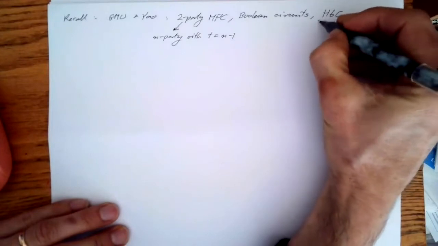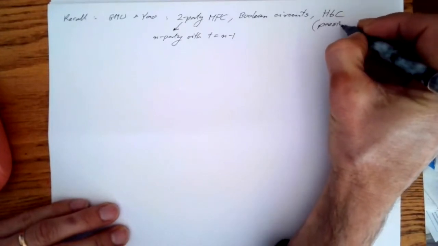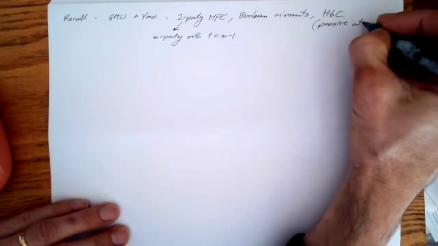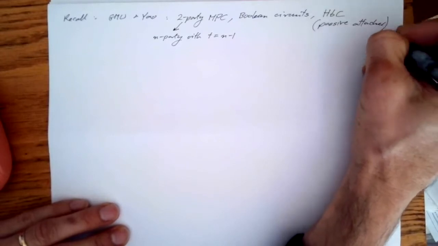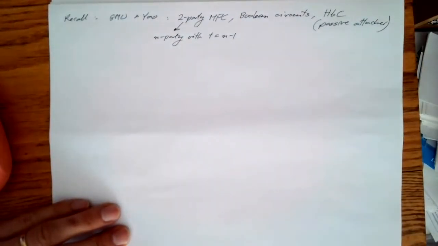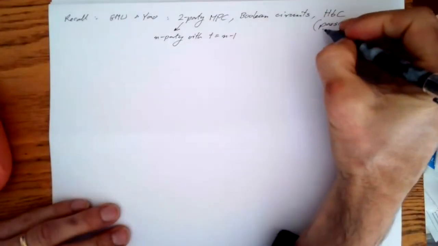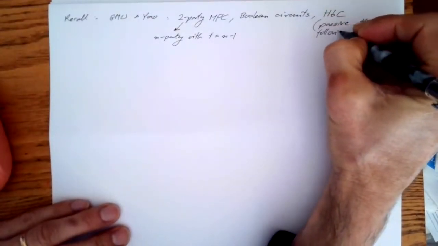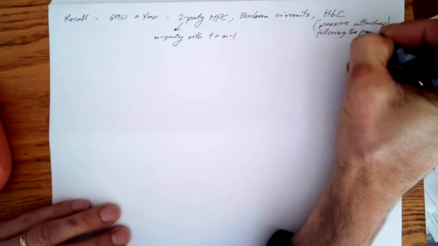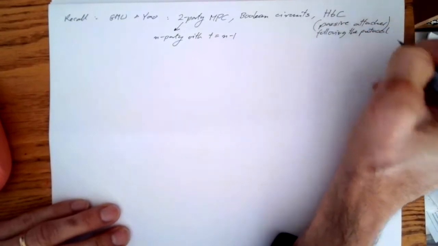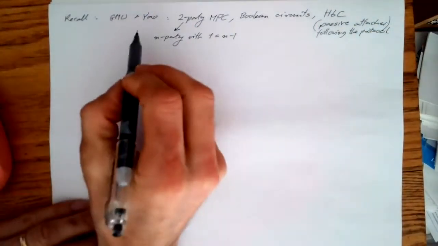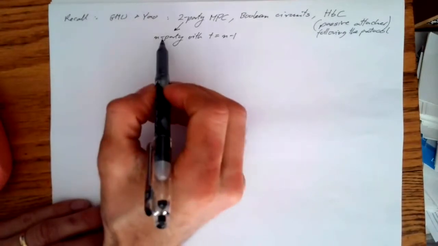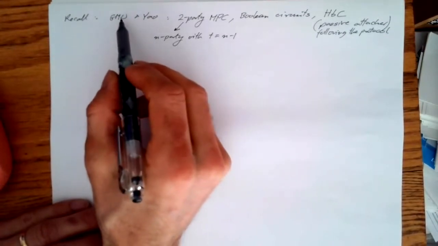So HBC stands for passive attacker, right? So following the protocol. For GMW, this extension is okay.